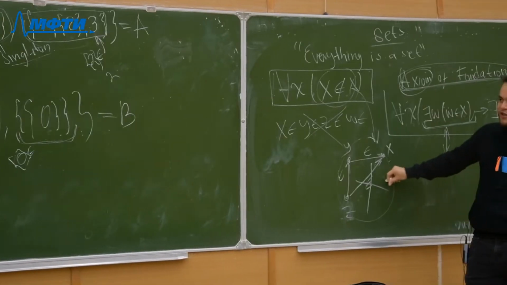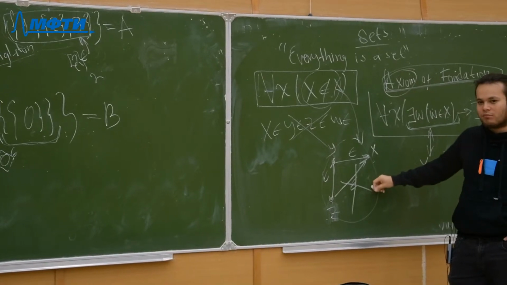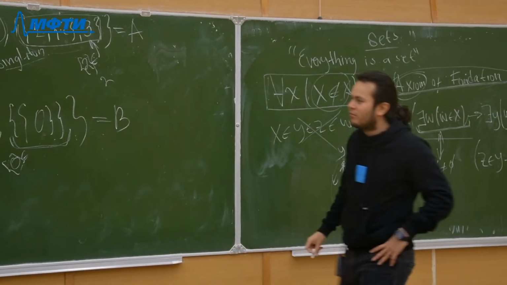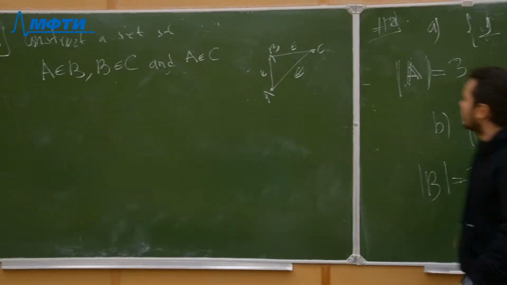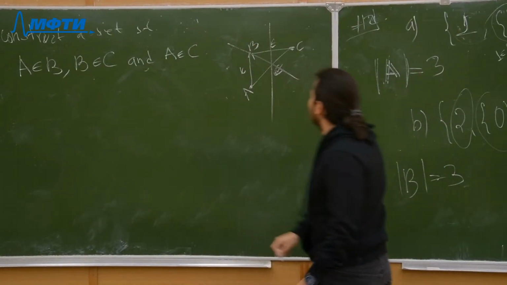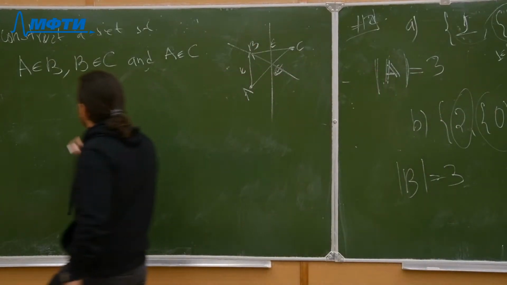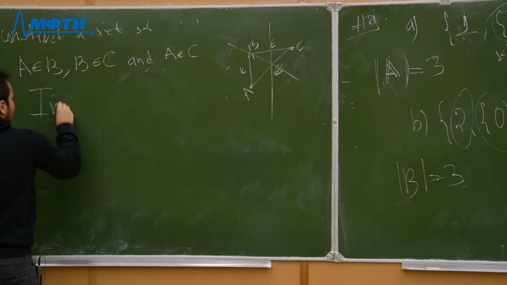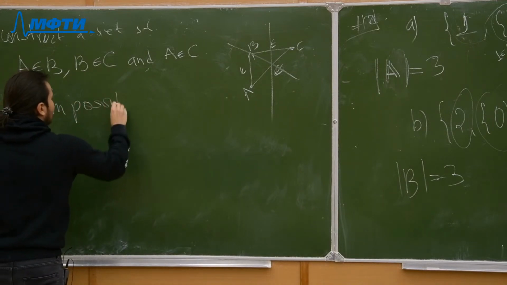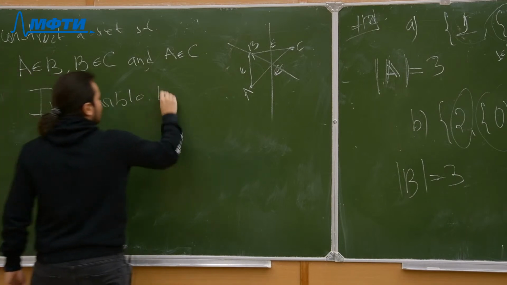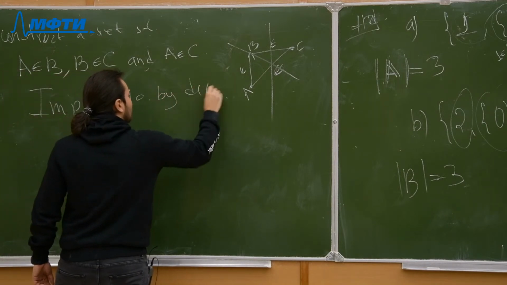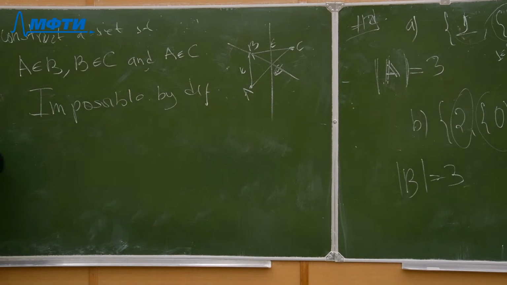We cannot construct such sets A, B, and C. Not possible. So this is impossible. By definition. Okay. So this is the first case.